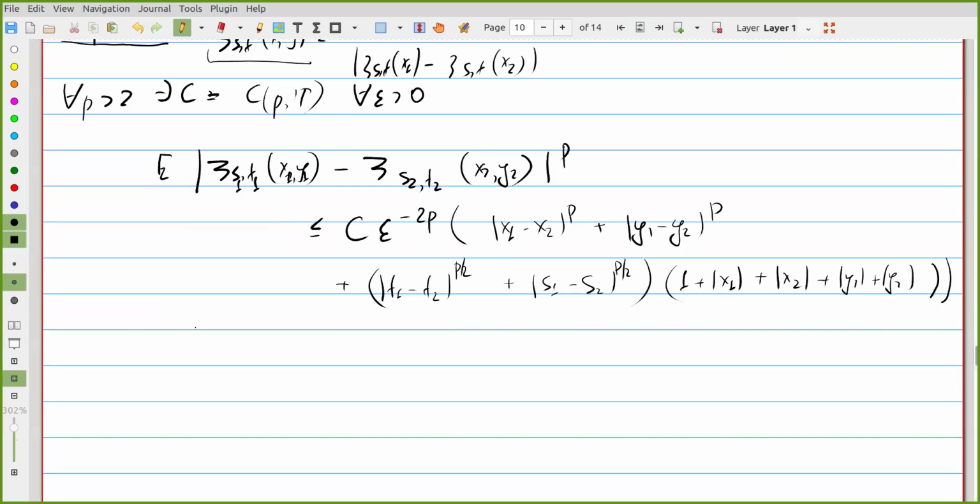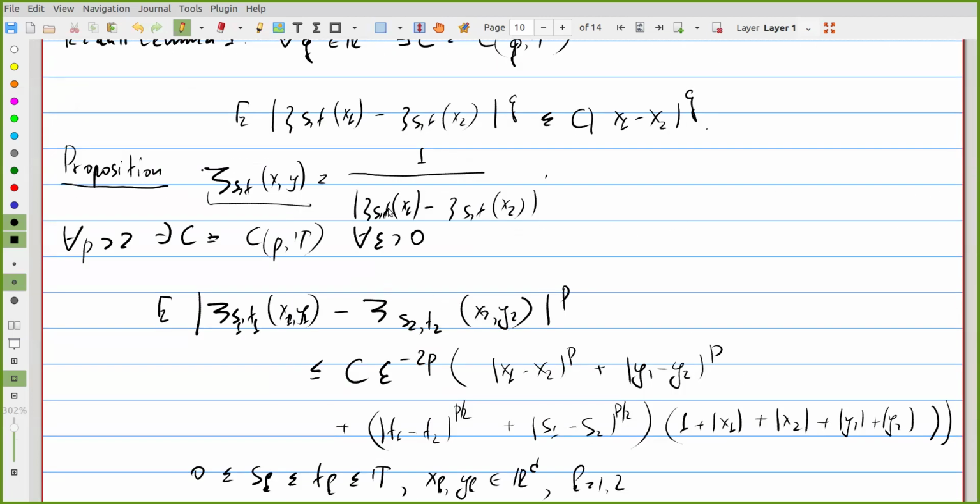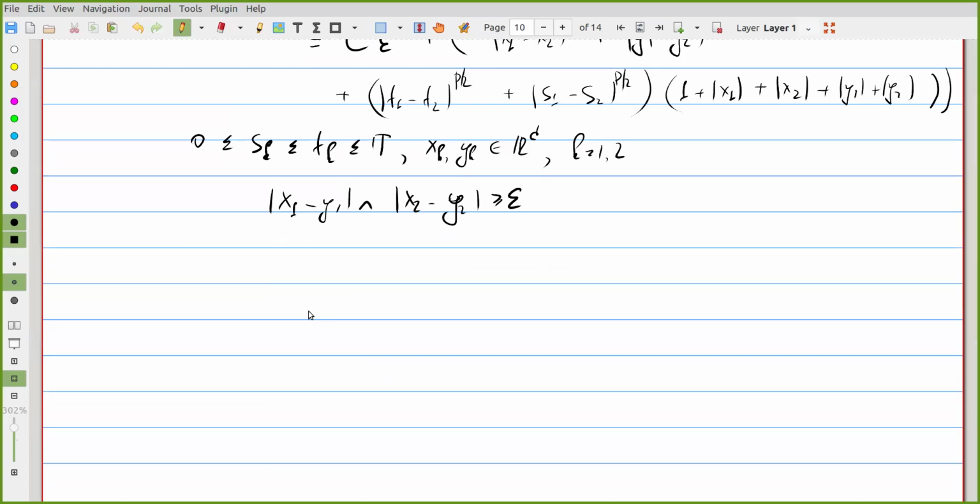Now, this happens for all time variables, but under an additional condition that the minimum of this expression should be slightly away from 0, because it is not defined when x1 equals y1, for instance. Now, the proof is actually not hard.